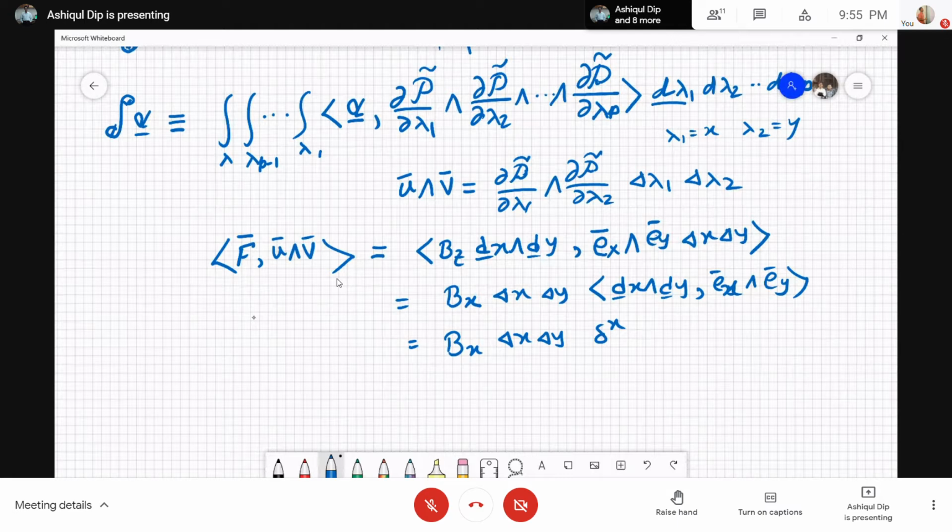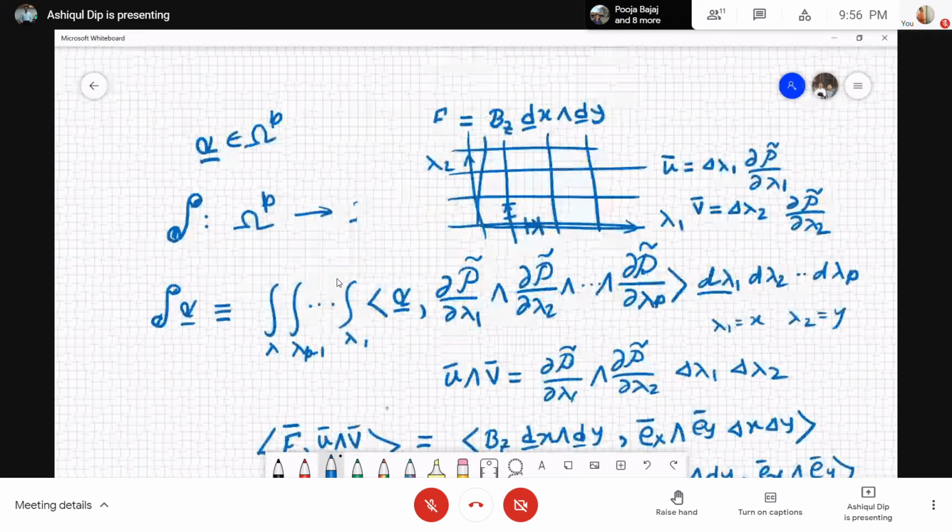And what's the value of Kronecker delta xy xy? It's just 1, so we need not write that. So that much flux is represented by this piercing, that is bx delta x delta y. So what does that mean?